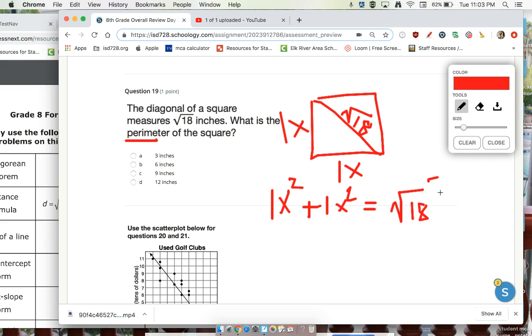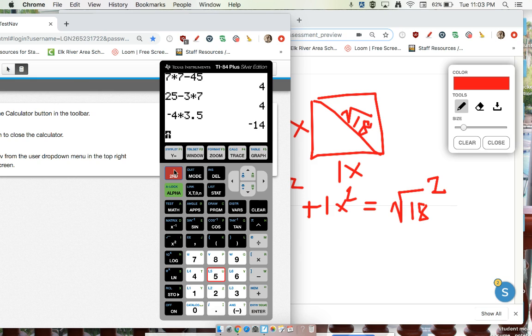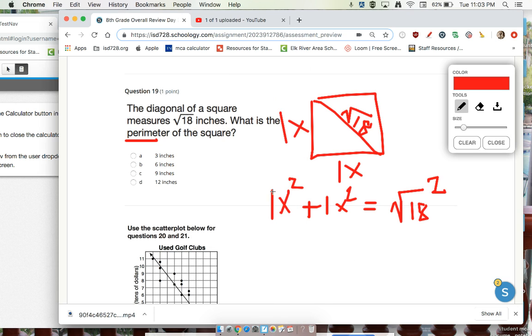squared. And go ahead and punch that into your calculator for the square root of 18 squared. And that would be second square root 18, and then get out of the square root, square it. It just turns into 18. So now I can also combine like terms because they're both x squareds.